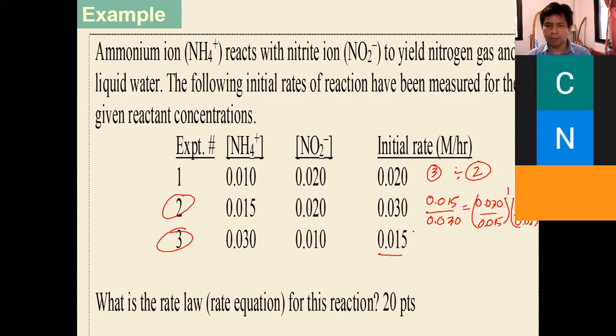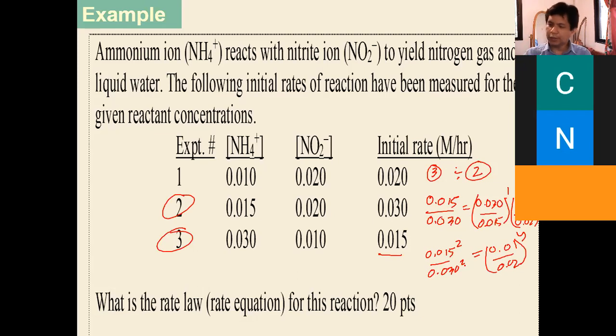So, pag sinimplify nyo to, mangyayari dyan, 0.015 squared, multiply nyo dyan, divided by 0.03 squared, and then this is equal to 0.01 divided by 0.02 raised to y.